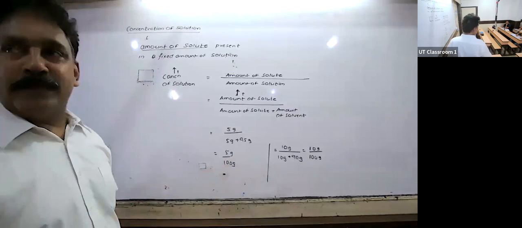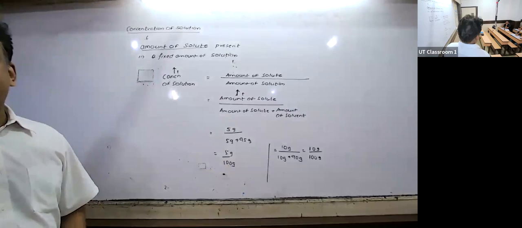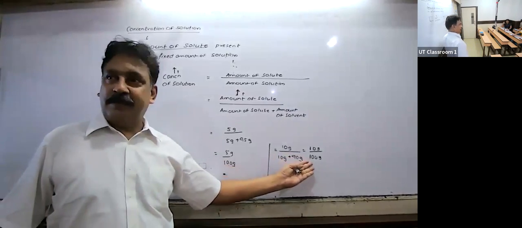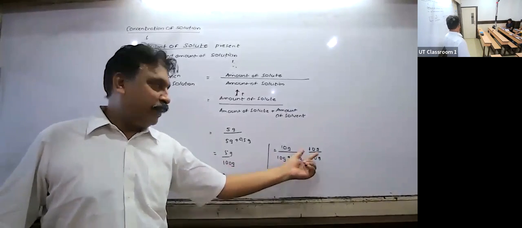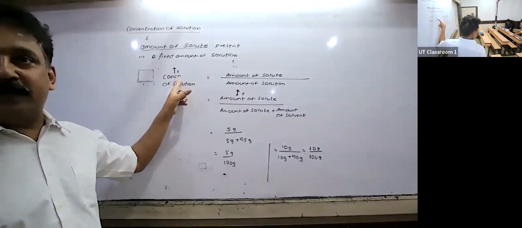So where the concentration is more, इसमें concentration ज़्यादा होगा, 10 grams, because the mass of solution is same, but the amount of solute is more. So more amount of solute, more concentration.